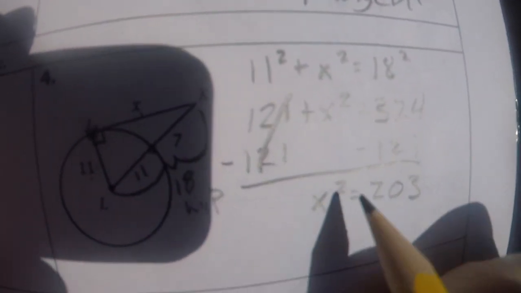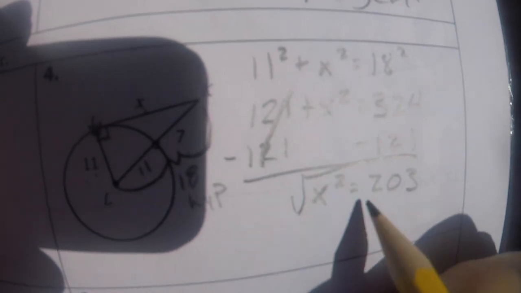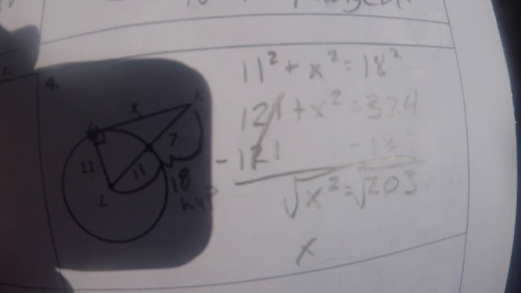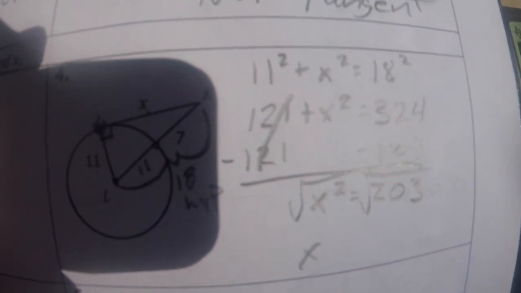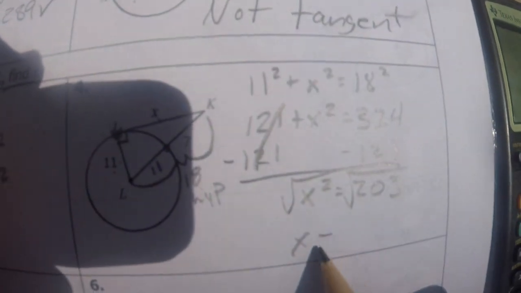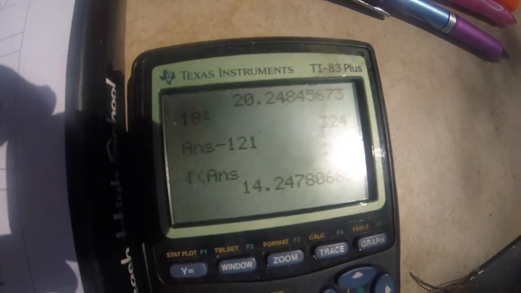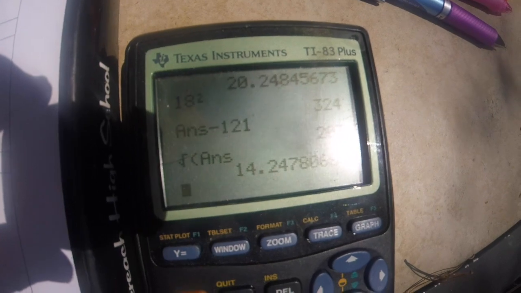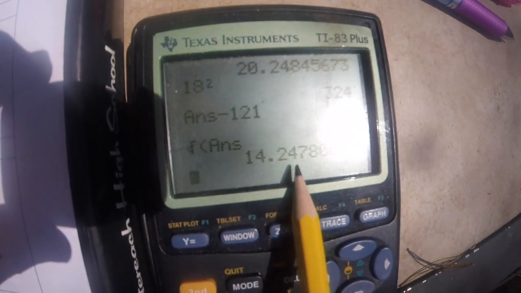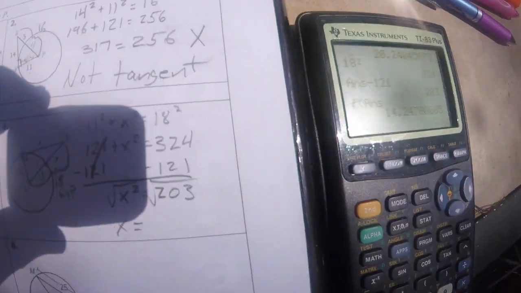And last but not least, in order to get rid of an exponent of 2, we take the square root. The square root of 203 is 14.247. So if we're rounding to the nearest tenth, it would be 14.24, so we'd leave it at 14.2.